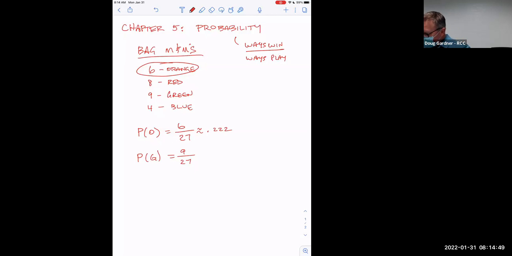Probably this is the best, only because you could think of this as a percent. Notice that'd be 22.2%. Or maybe 9 out of 27, 9 divided by 27 is 0.33333.